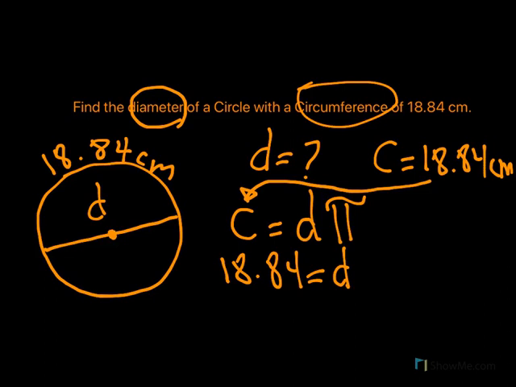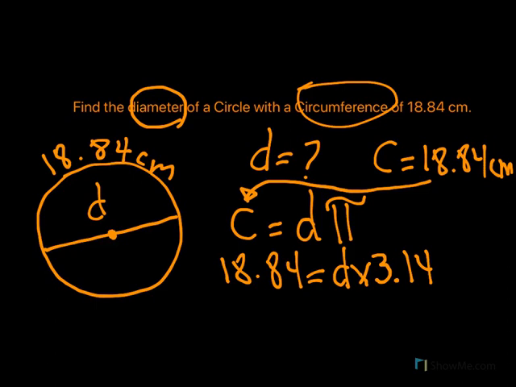And pi is equal to 3.14. Let's make this symbol for multiplication to avoid confusion. So 18.84, that's my circumference, equals that diameter that I don't know, times pi at 3.14.